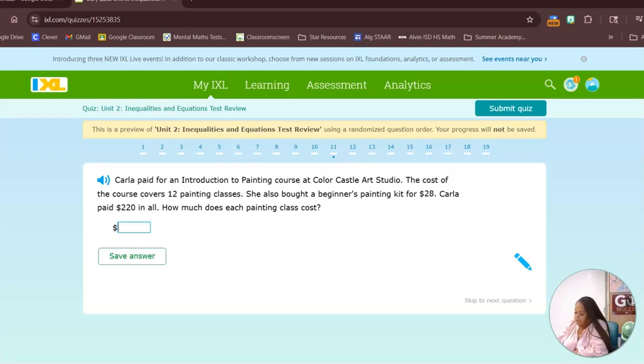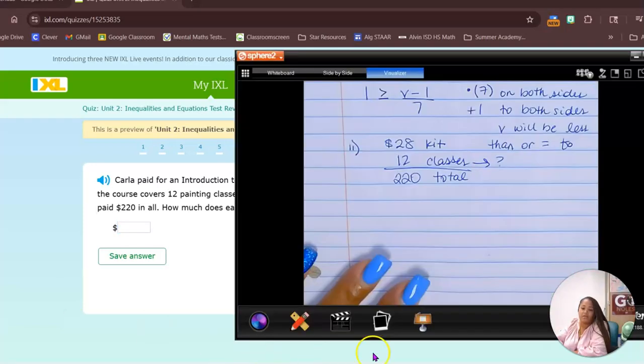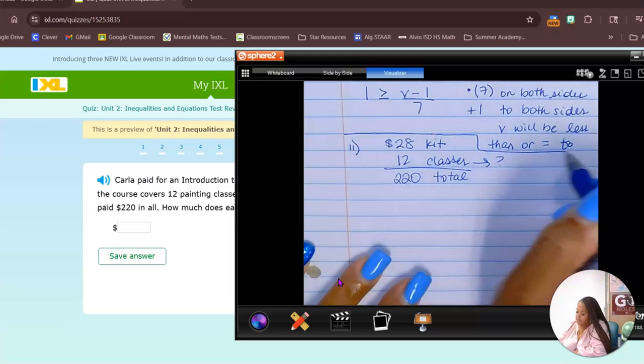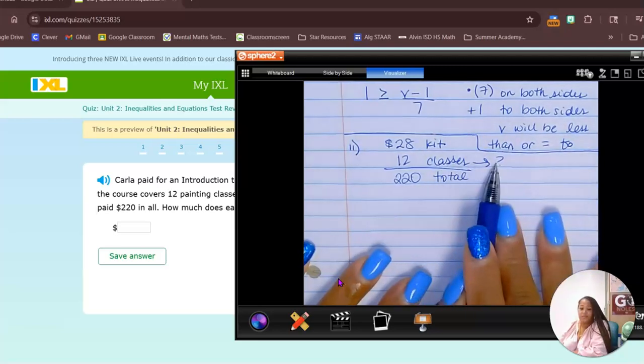The kit is $28. 12 classes. And a total of $220. But we need to know how much the classes cost. So I should have partitioned this off just a little bit. There we go. So the classes we need to know.